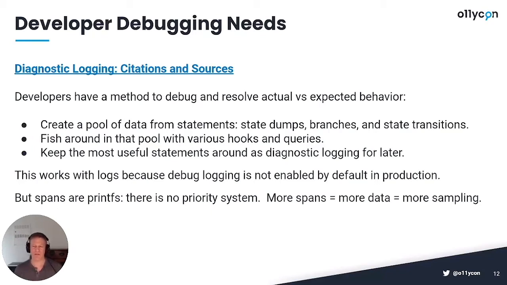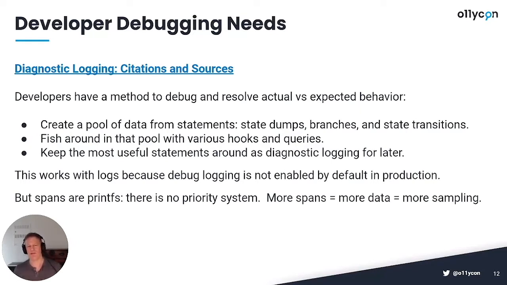And this works with logs because you can actually keep debug logging in production as long as you have a priority system. You can check whether debug logging is enabled, and it will return false and have no operational effect. But spans, because they're printfs and there is no priority system in there, if you add more spans down to the method level, say, then you will get more data. And it gets far too detailed to be able to see anything in there, because you don't want to see everything at once.